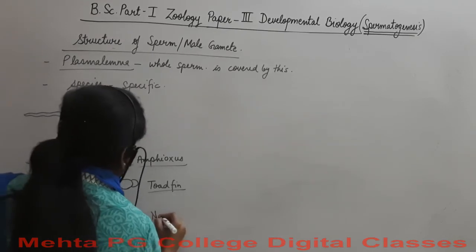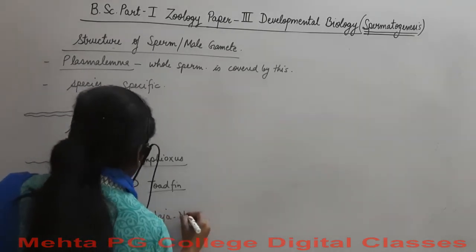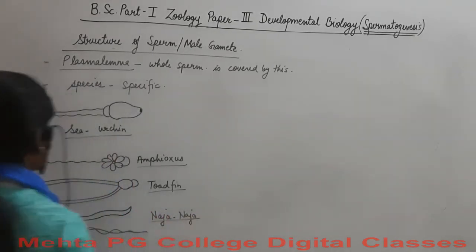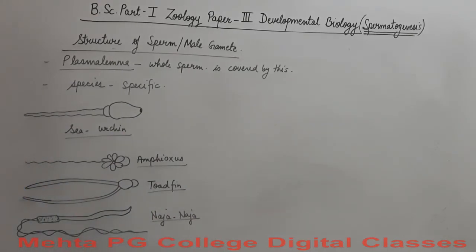So this is the structure of Nasa. We can see they are very much species specific. Every organism has a different structure, and a different structure specifies how they are species specific.